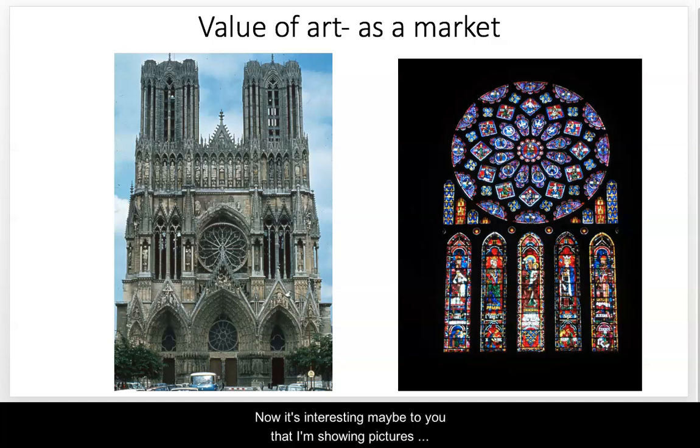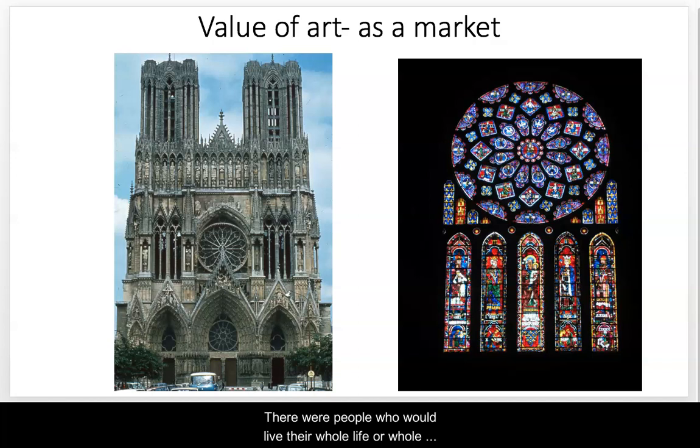Now, it's interesting maybe to you that I'm showing pictures of stained glass windows in cathedrals, but these pieces of art, the stained glass, as well as these giant cathedrals, architectural buildings, were very much a part of the whole economy of the town or city they were made in.